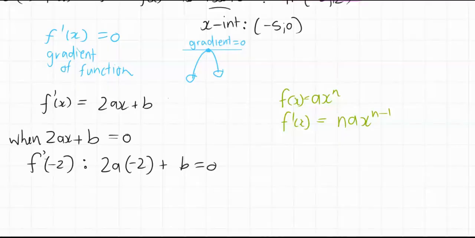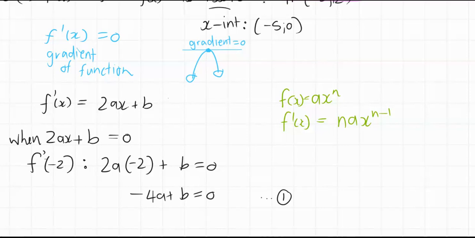Minus 2 times 2 is minus 4, so minus 4a plus b is equal to 0. So we have only two unknowns here. Let's call this equation 1. We've used some of our information. We need to solve for a, b, and c, all our unknowns.